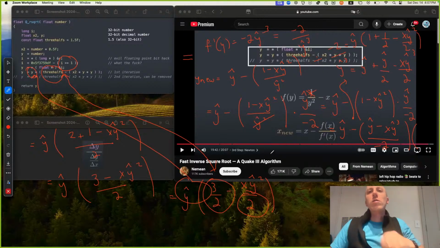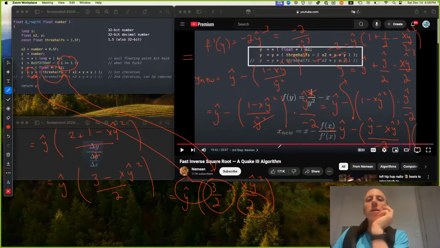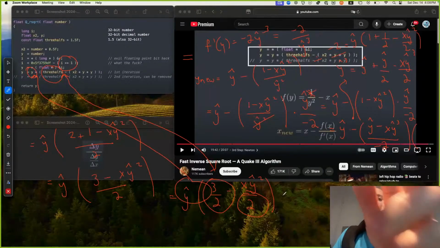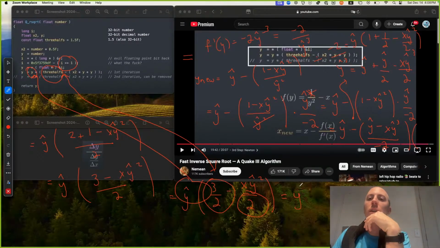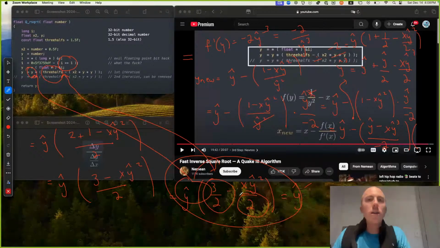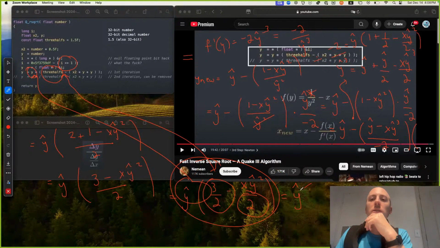But recall, what is this? Okay, this gives us the y hat prime value. It's our new y hat, I guess, y hat prime maybe. And so we basically compute this thing to get our better estimate, our better y hat.